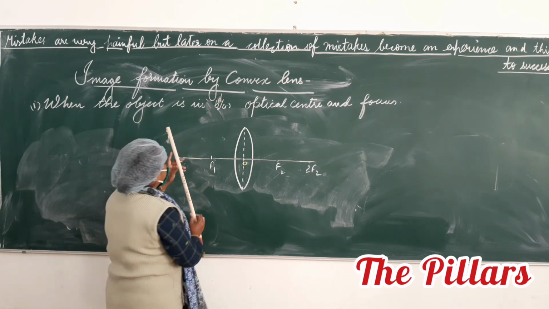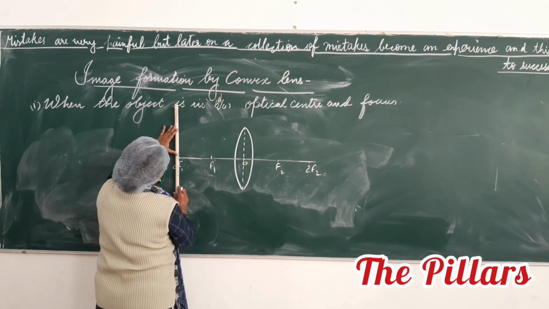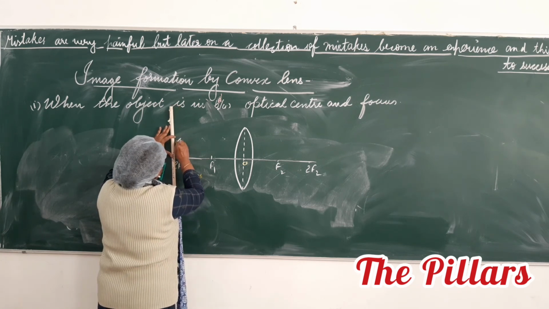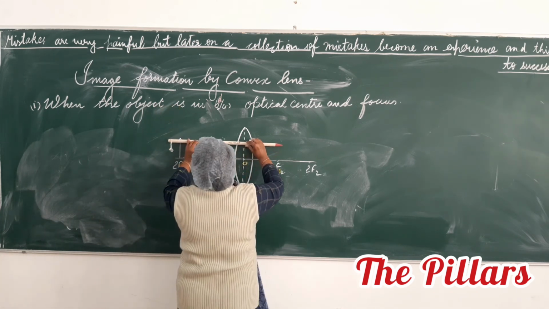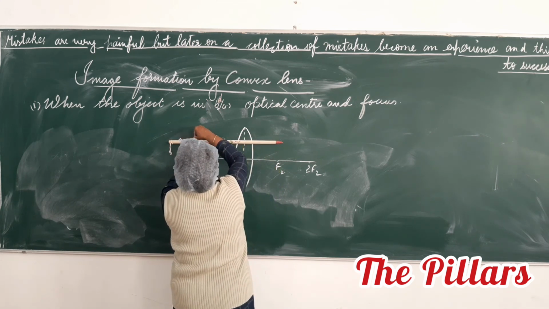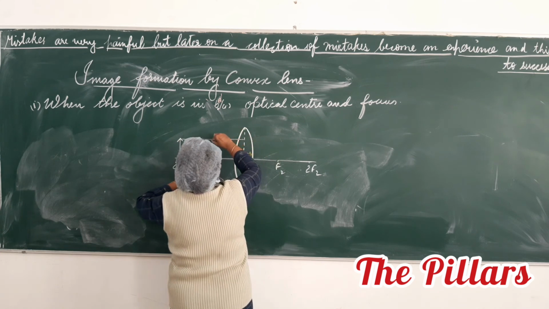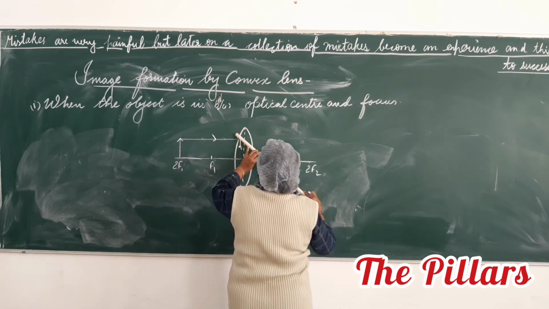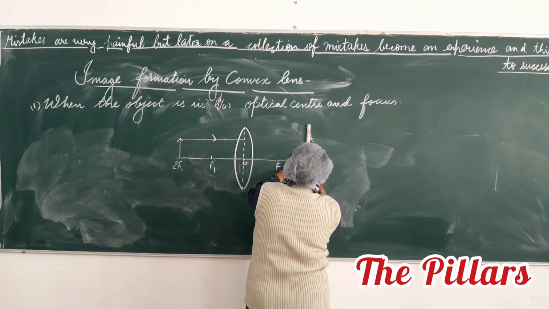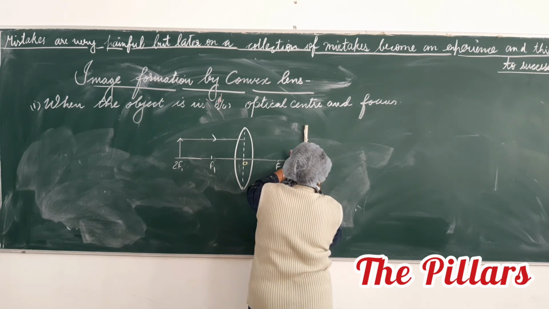So if the object is at 2F1, the image is of the same size. First, the ray parallel to the principal axis will pass through the focus. First, let me make the image.